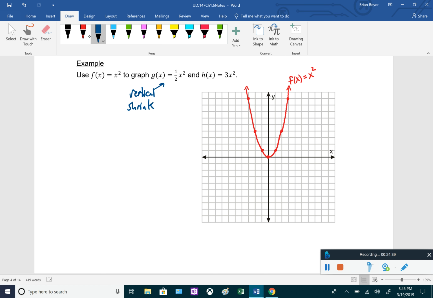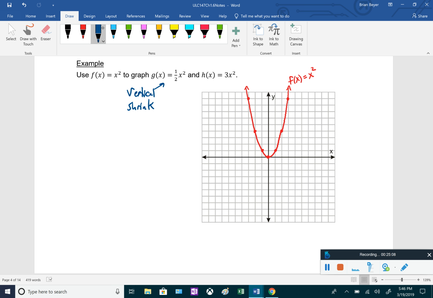So that means the graph of f of x, all of the y values are going to get multiplied by 1/2, meaning it's going to get closer to the x-axis. So we're going to go to all of the y values. I'm looking at this one over here on the left first. So the x values stay the same and the y values get cut in half.